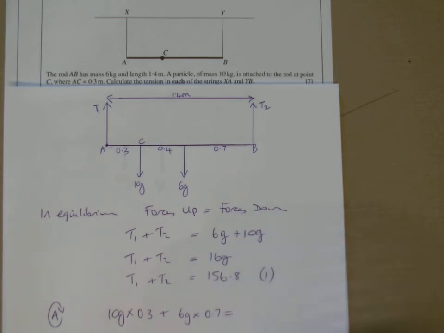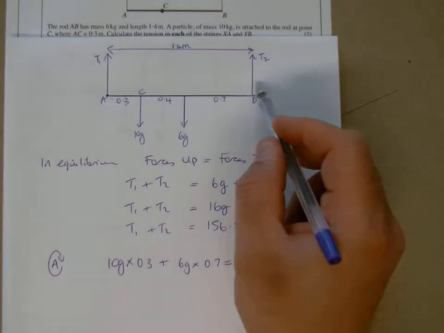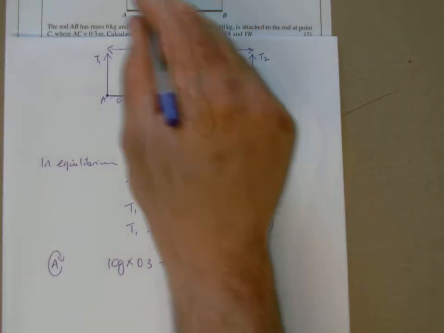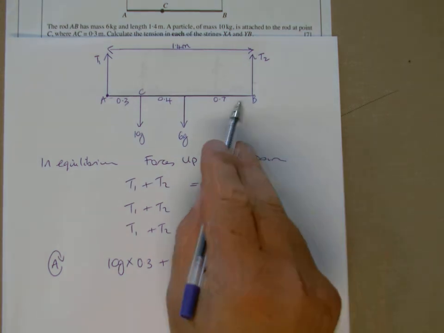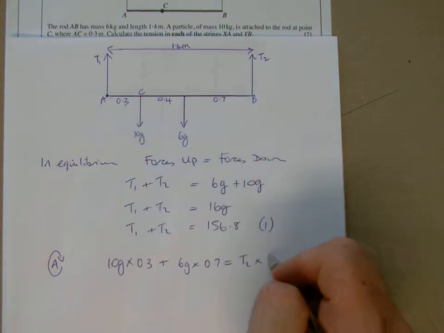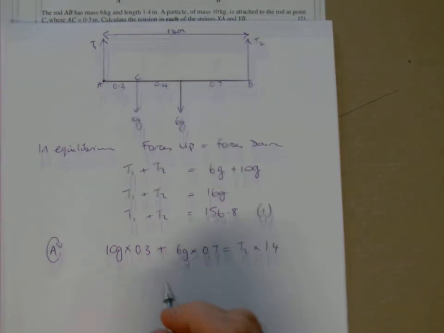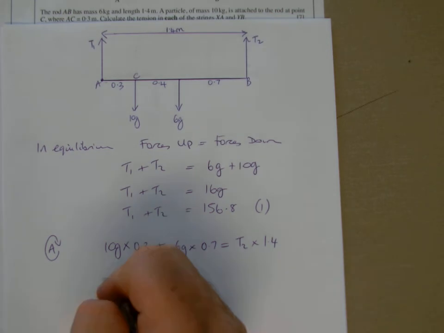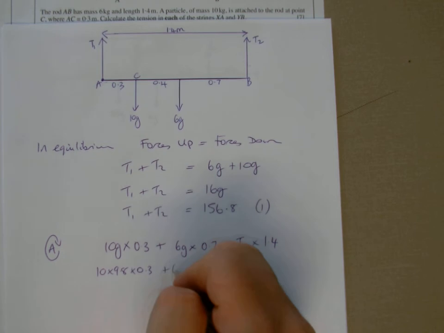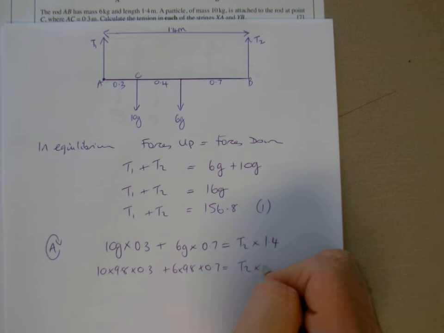And that will equal the moments anti-clockwise, which will be T2, isn't it? If you think about it, it's the anti-clockwise, T2 times the whole distance to A, which is 1.4. Okay, so a bit of calculator work here. We've got 10G, of course, that would be 10 times 9.8 times 0.3 plus 6 times 9.8 times 0.7 equals T2 times 1.4.